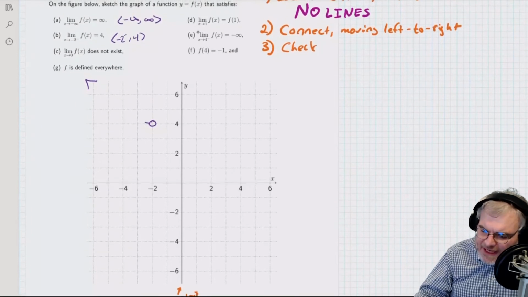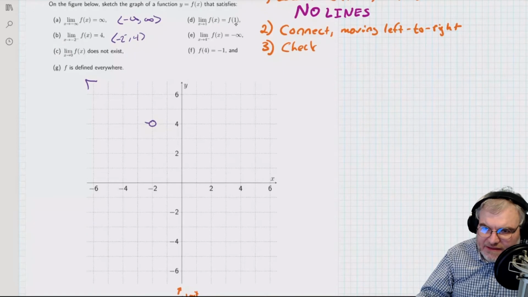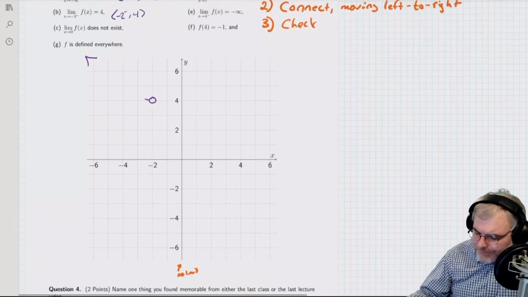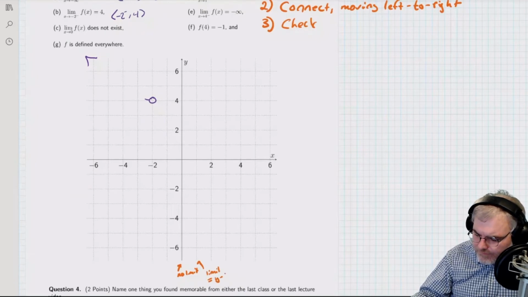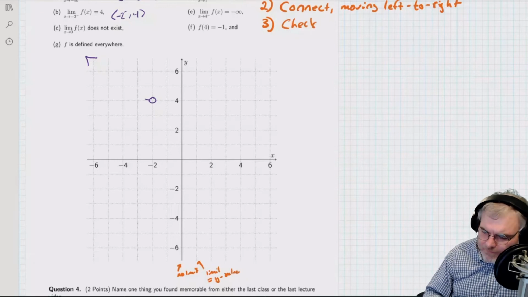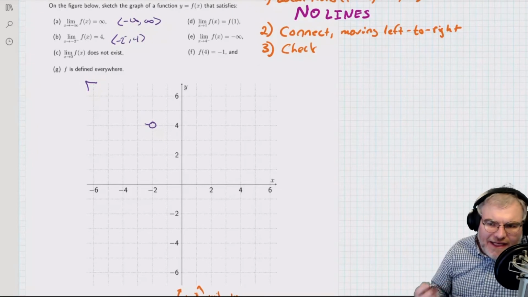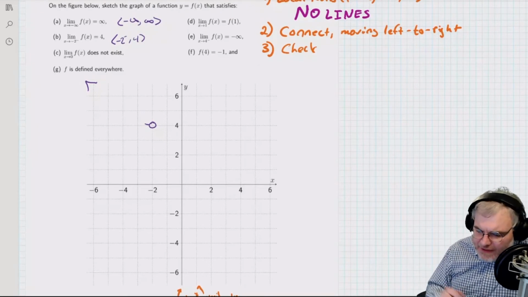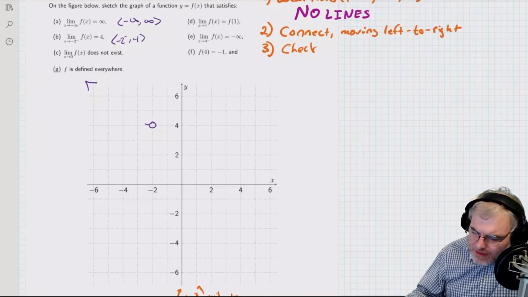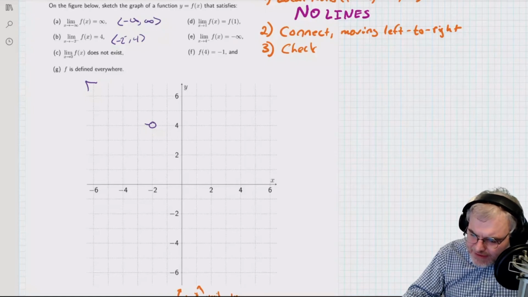The limit as x goes to 1 of f of x equals f of 1. I may have f of 1 defined somewhere else, so I can't really do anything about that yet. I just make a little note. The limit as x goes to 4 from the left is negative infinity.